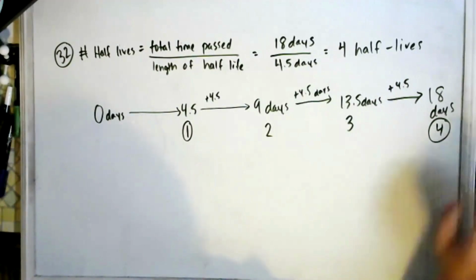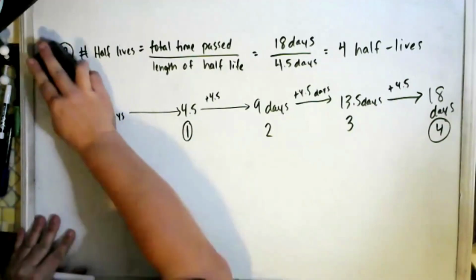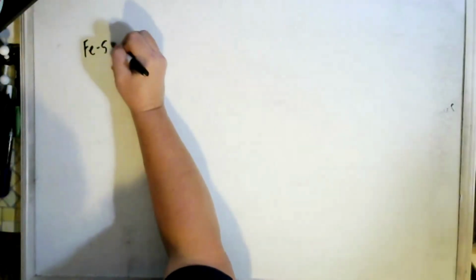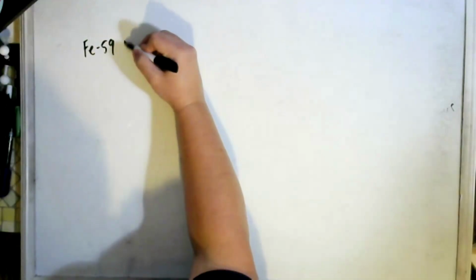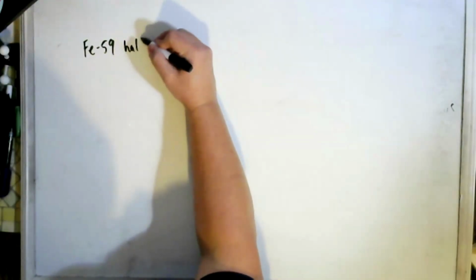All right, next question. It says iron 59 has a half-life of 46 days.